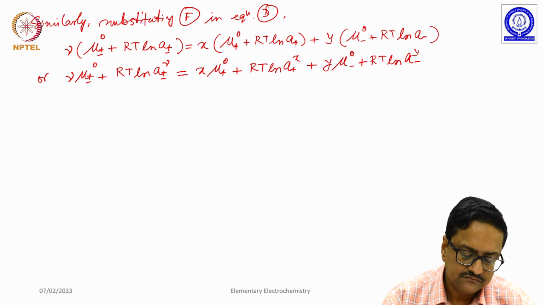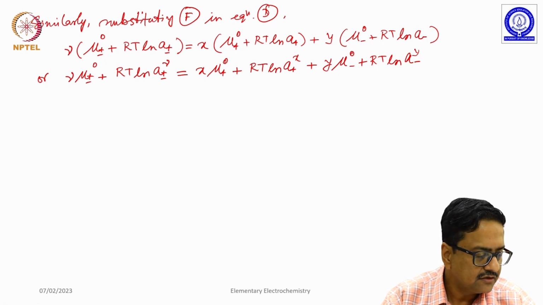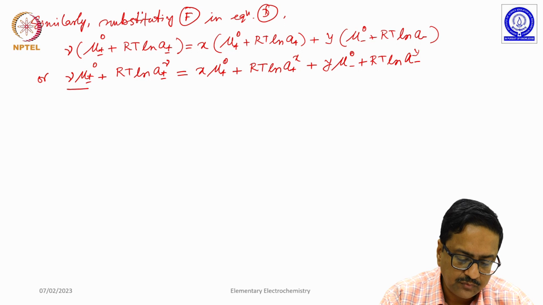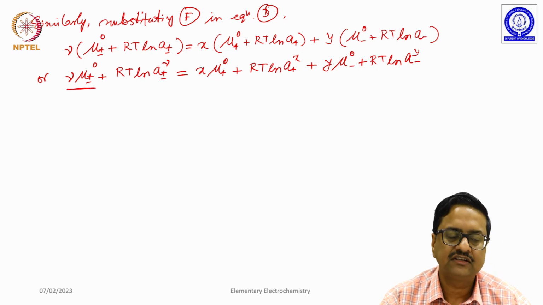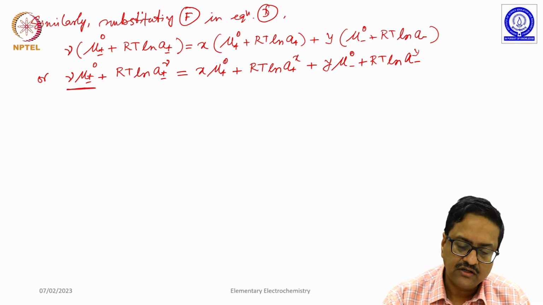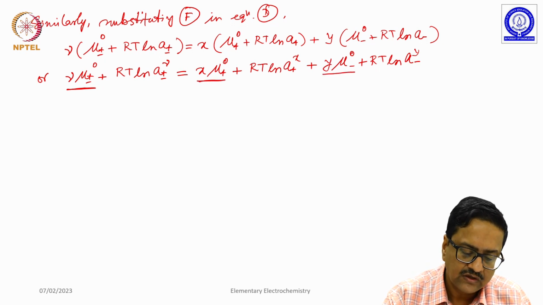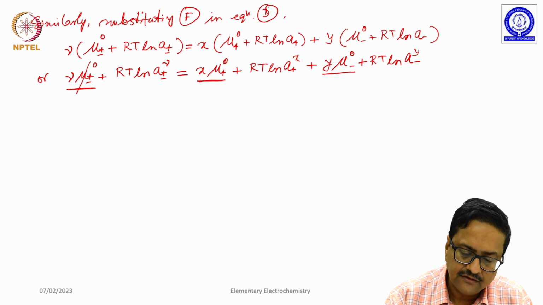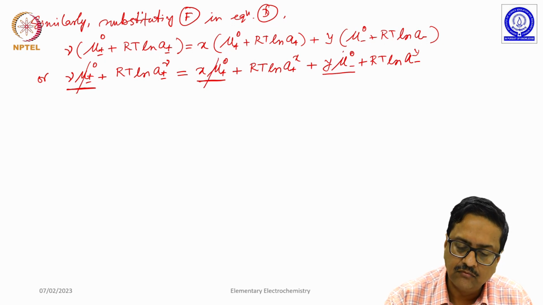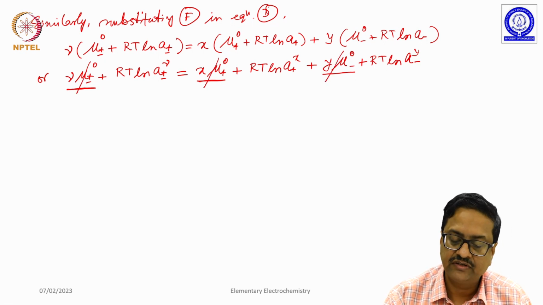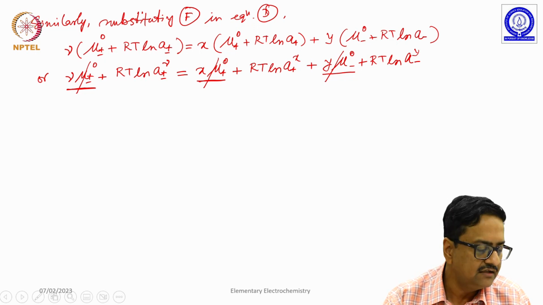So now you can see that this nu into mu plus minus 0 is equal to the sum of these quantities. So one can cancel these mu plus minus zeros with mu plus 0 and mu minus 0 and get rid of them.